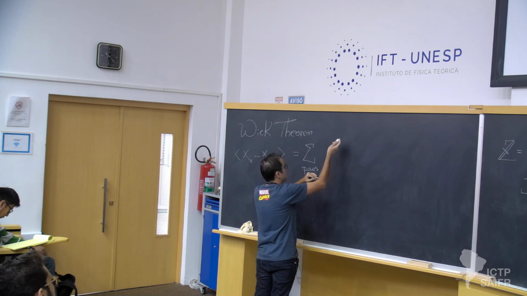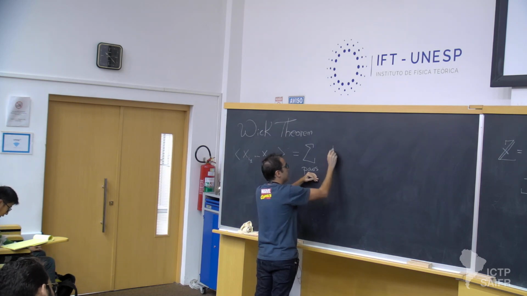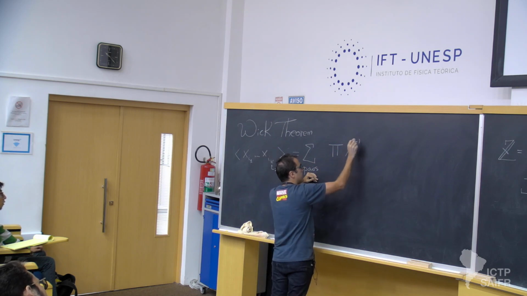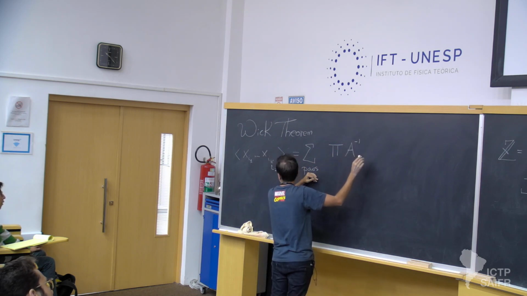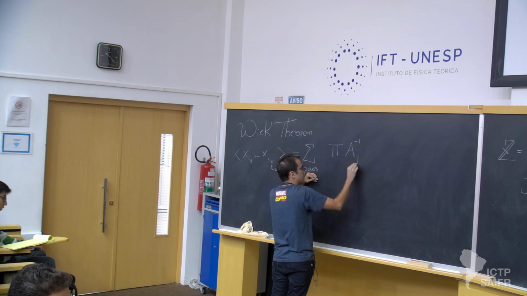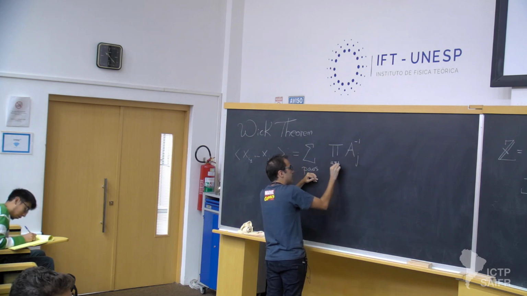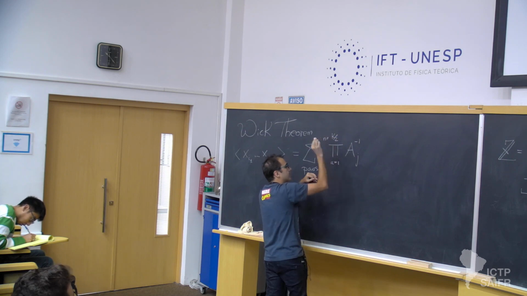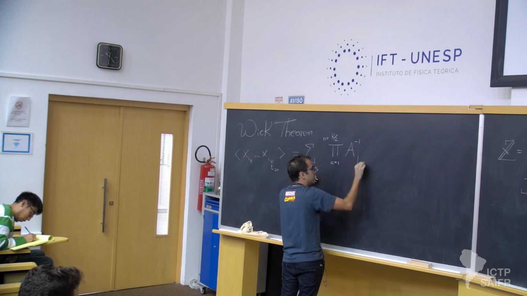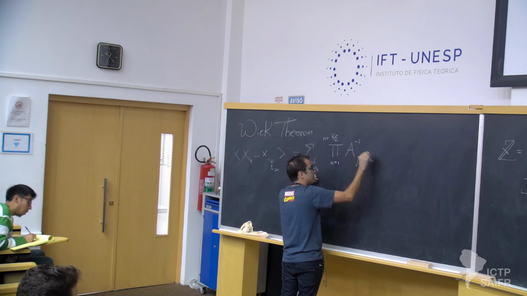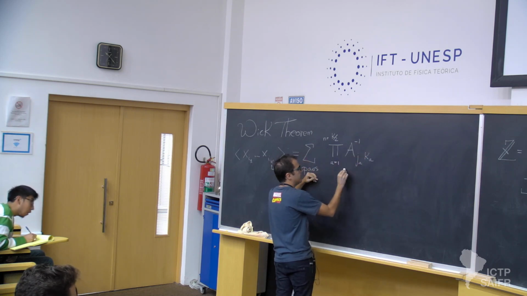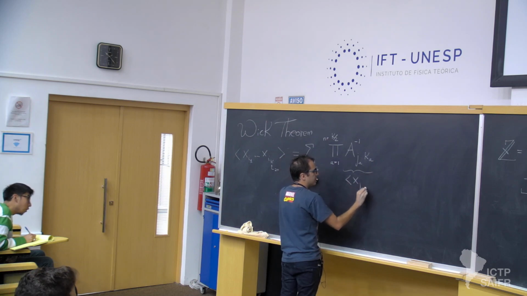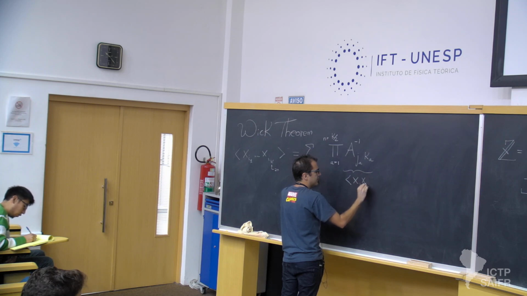And for each choice of pairs, I just multiply A minus 1 with the first index, let me call it from a equal 1 up to k over 2, which is n, of j_a k_a, which is equal, if you want, to the expectation value of x_j_a x_k_a.